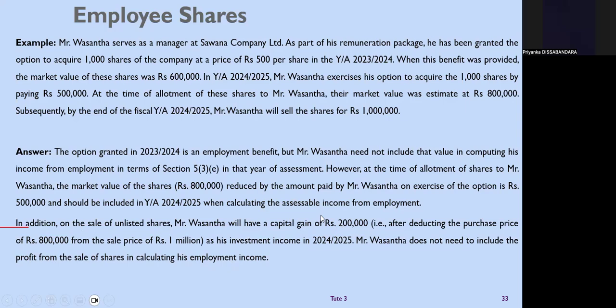Capital gain. That part should be considered under investment income. So we have three sources: employment income source, business income source, and investment income source. The difference between 1 million and 800,000, that 200,000, is a benefit, that is capital gain.